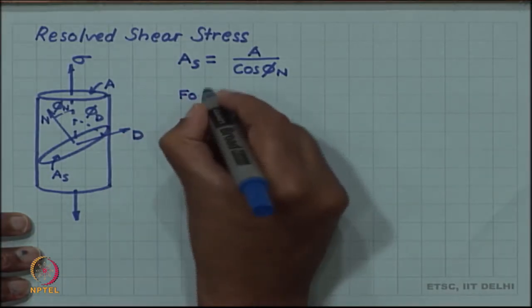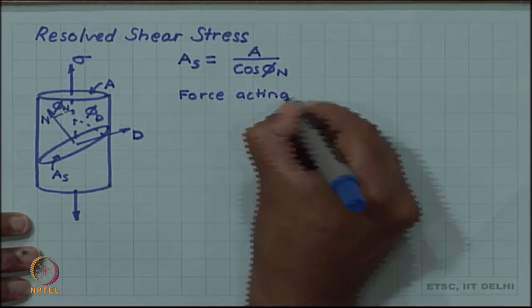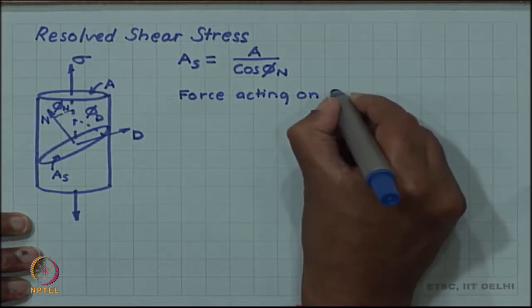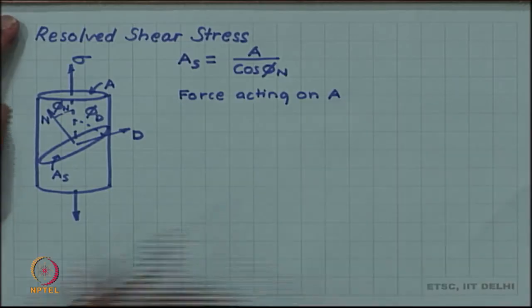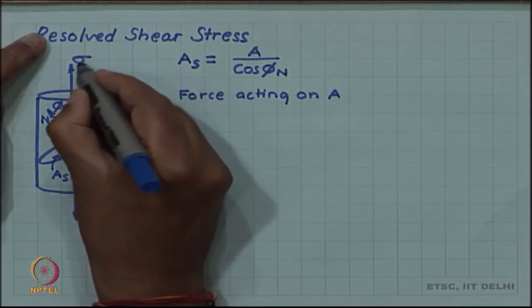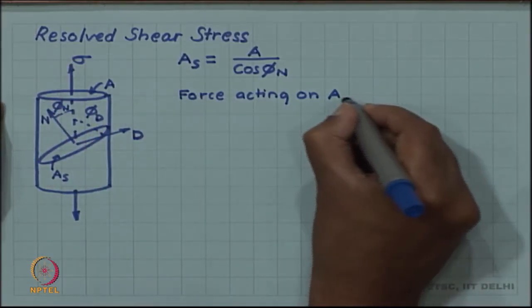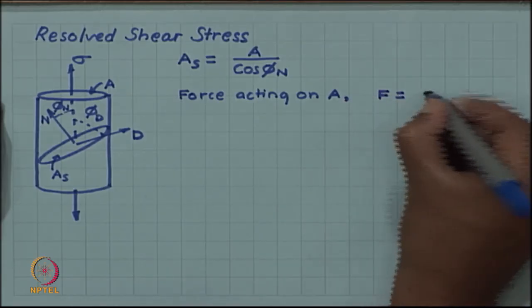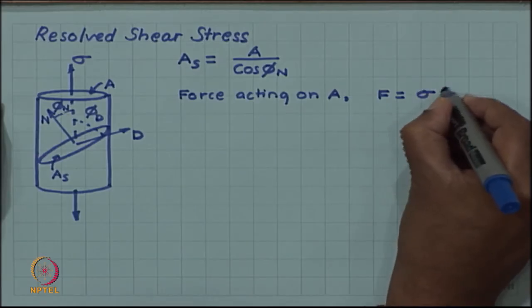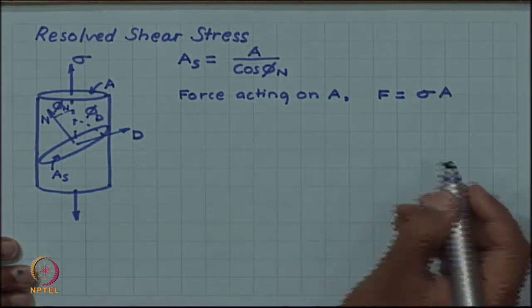So, the tensile force acting on A. By definition, since the definition of a stress itself is force divided by cross sectional area, this force will be given by F is equal to this stress times A, because the stress is force divided by area. So, force acting on A is sigma A.